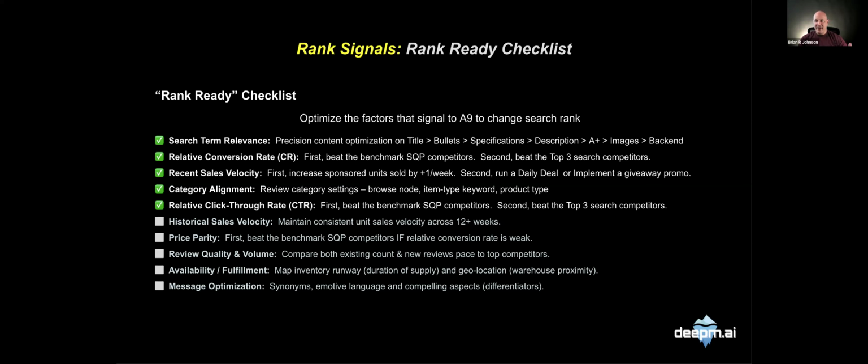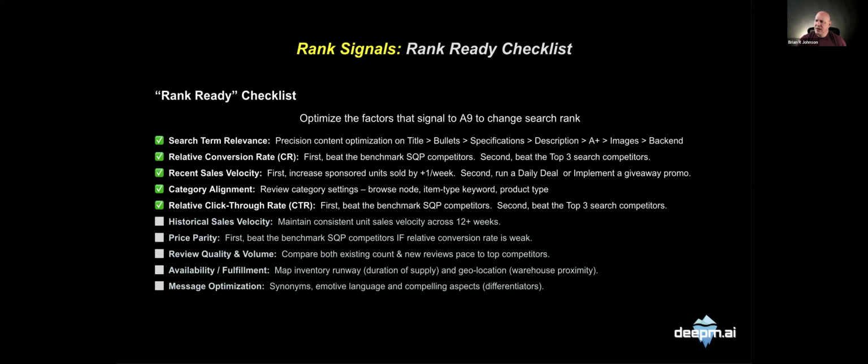Ultimately, a big price disadvantage, which I can observe through search query performance, is only going to matter if your relative conversion rate is poor, like zero or negative. If you have a positive conversion rate, you can get away with some price disparity. So there's a balance in each of these.